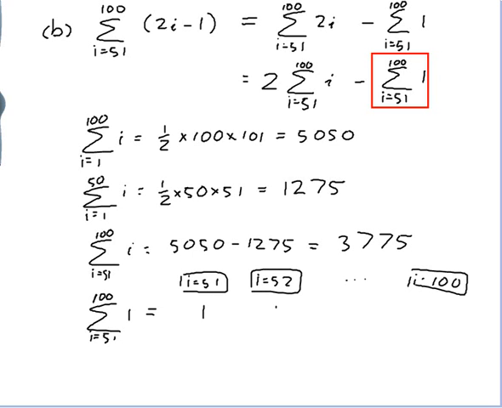If i equals 52, it's 1. All the way up to if i equals 100, it's 1. So we're adding together a whole lot of ones. If we just count how many ones we have, that would give us the answer. So we have from 51 up to 100 there. So that's 50 ones, so that's equal to 50.